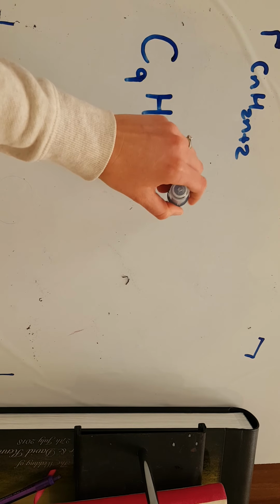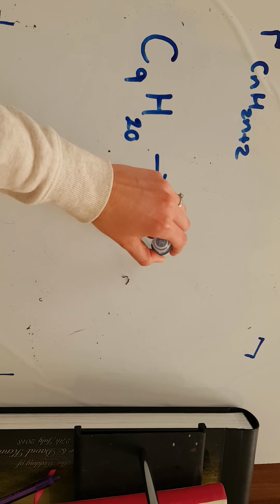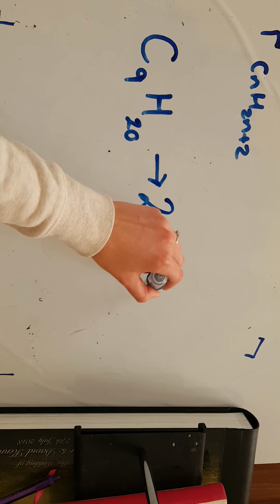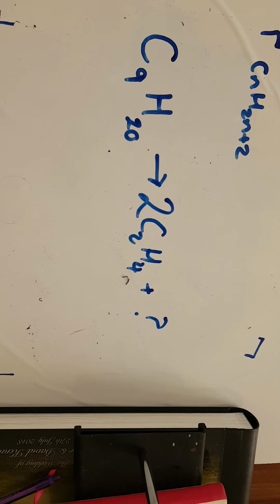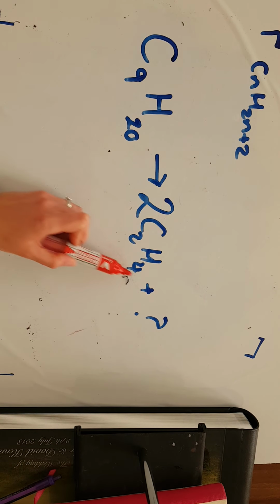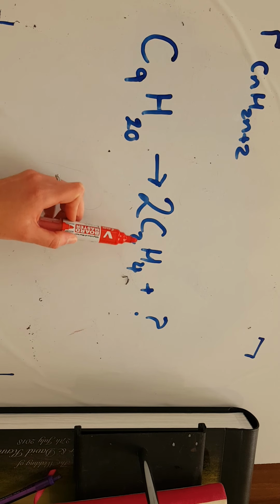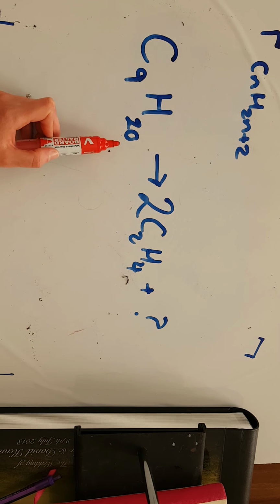And this time I'm going to say I get 2 C2H4 plus something else. So this time it's really important to notice this 2, because it means you've got 2 lots of this molecule.